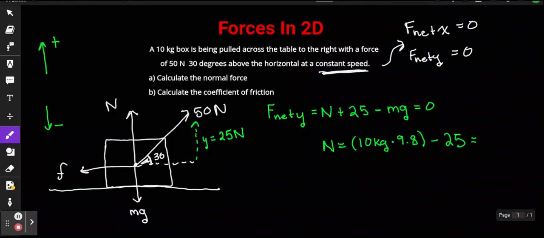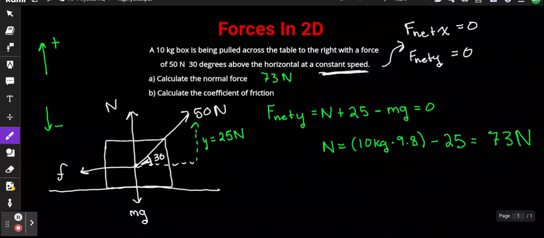And this gives us 73 newtons for our normal force. This is something important to keep in mind because some people always assume that the normal force is equal to the weight of the box, which is not true, because sometimes we have other forces acting in the vertical direction.